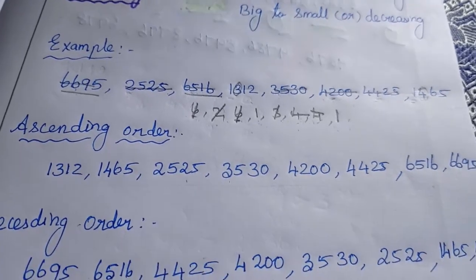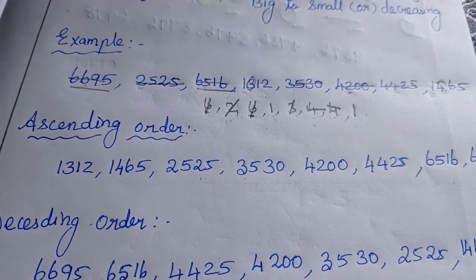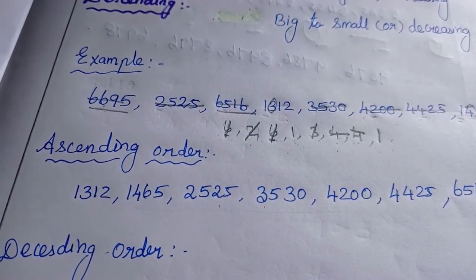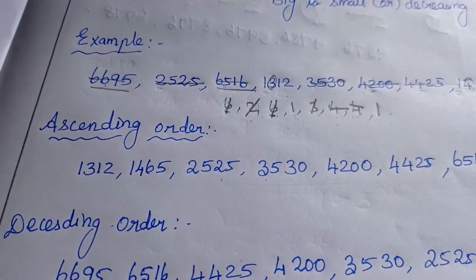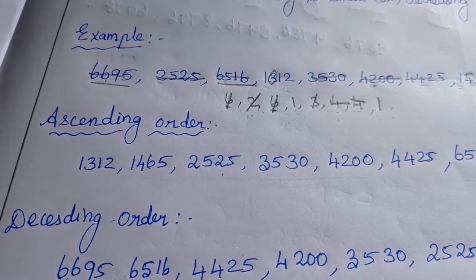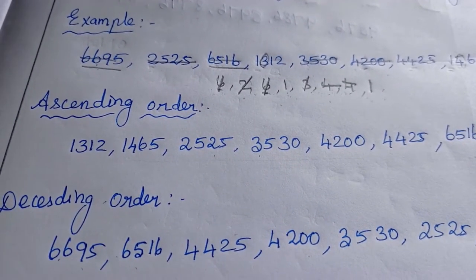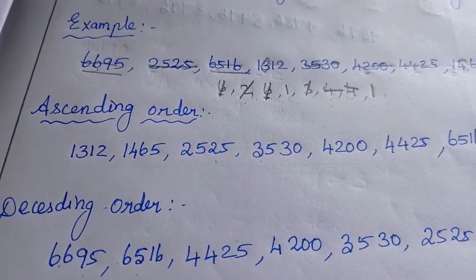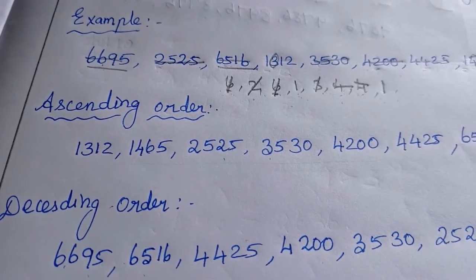Okay children. And next we did some examples related to ascending and descending order. So what is the first step to find ascending order? Check their digit values. Whichever number has the lowest digit, write that number first. And if both numbers have the same digit values, check their highest place values.